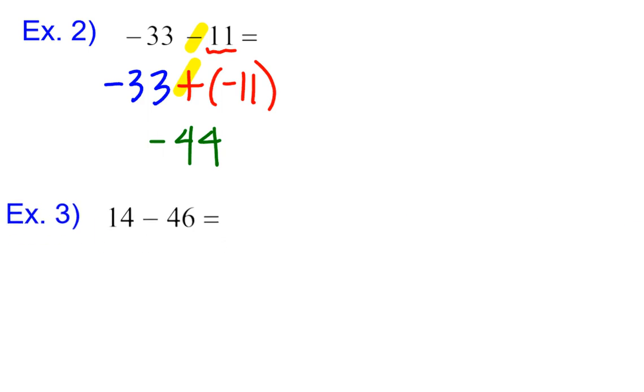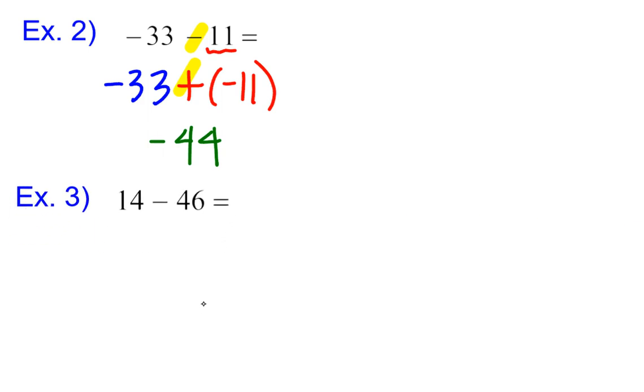I have another example here. 14 minus 46, or really the way that we would read it is 14 and the opposite of positive 46, which is negative 46. Once again, we have opposite signs. If we have opposite signs, we have to look at which one of these is furthest from 0.